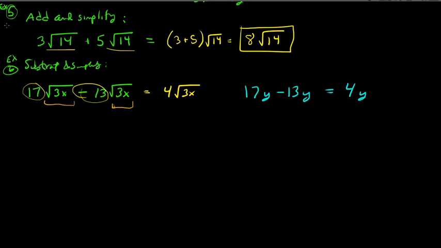All right, let's do a slightly harder one, I think. Example 7. So we're going to go back to add and simplify. Let's do the square root of 8 plus the square root of 18.